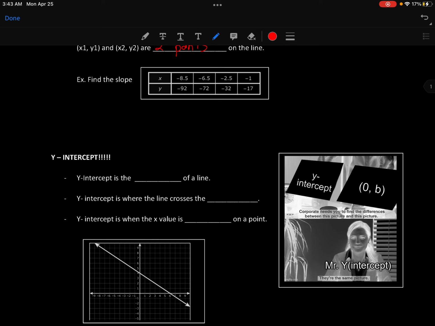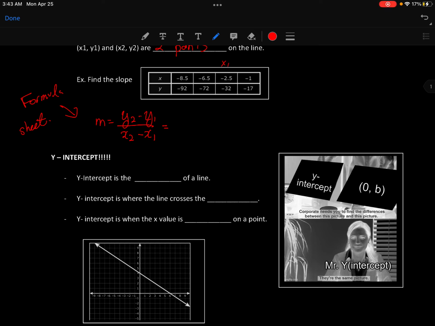Find the slope of this linear equation represented by this table. Step number one, we know that the slope formula, m, is equal to y2 minus y1 over x2 minus x1. This will be provided on the formula sheets. Step number one, label your points.